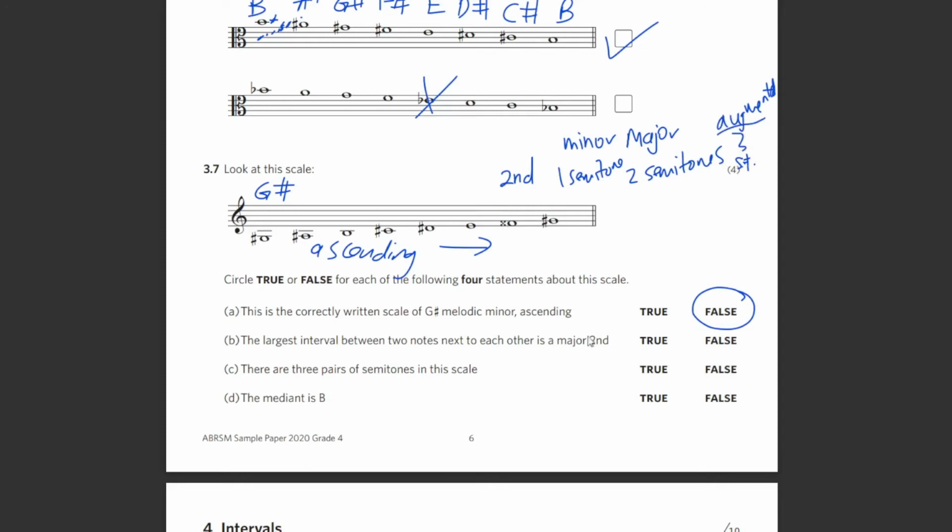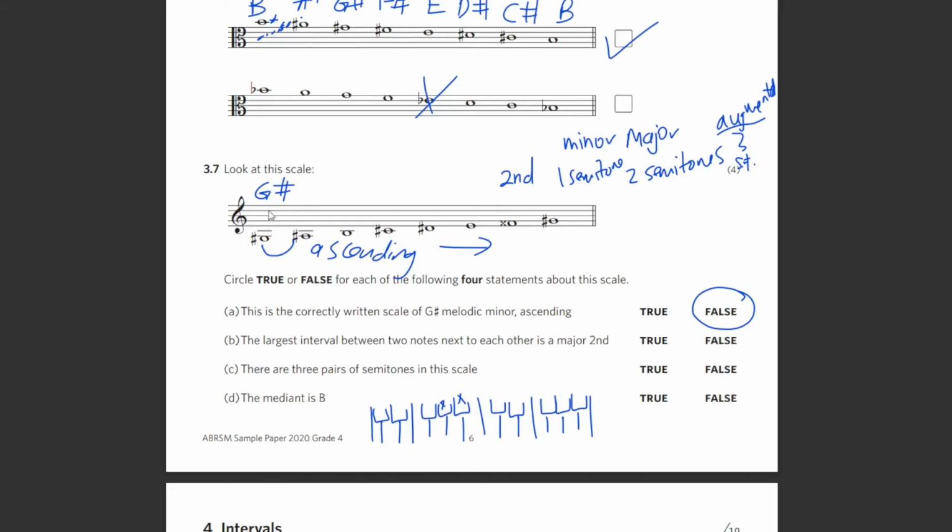All right. So now let's take a look at this. Let me draw out a piano. It might be easier for this question. Now let's look at G sharp and A sharp. This is G sharp and this is A sharp. So 1, 2, two semitones apart.